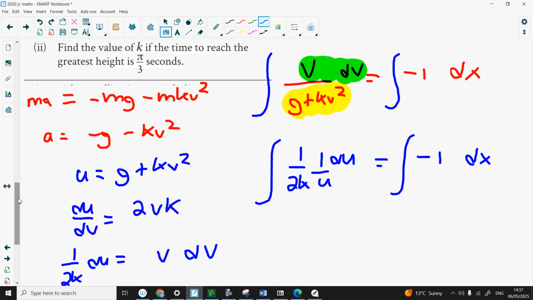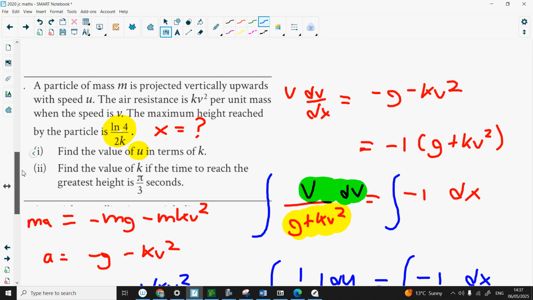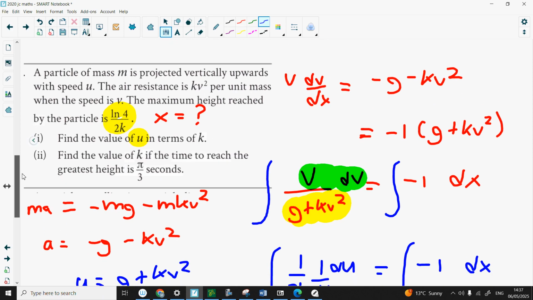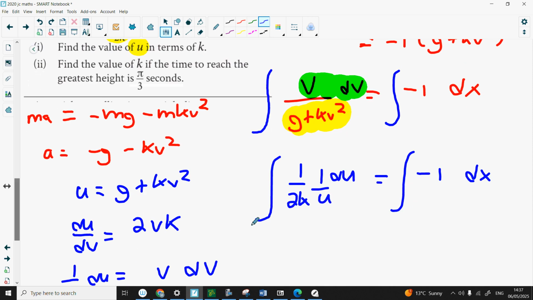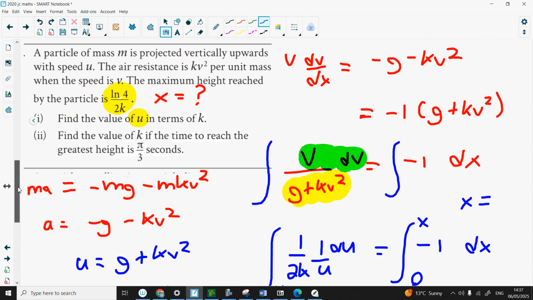What are we thinking for limits? It starts at rest? Nope. Starts at u, so that's going to be a u there and a 0 there. I'm going to keep this as x for the time being, but we all know that x is what, guys? What's the height it reaches?